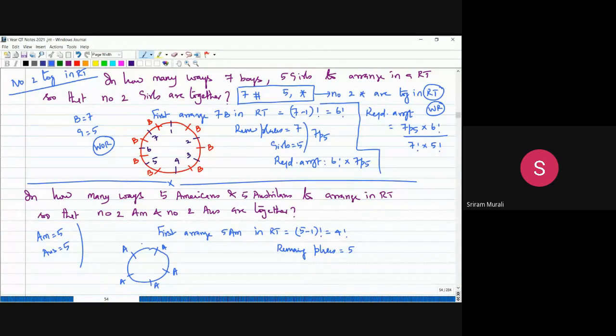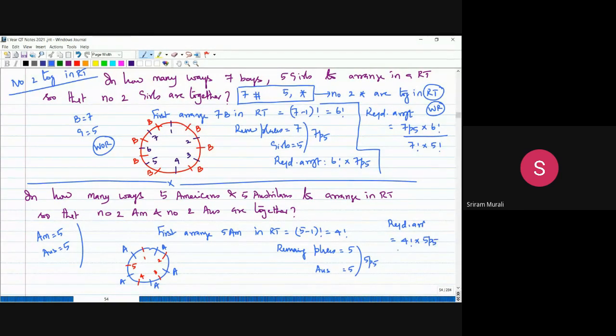How many places are left out? 1, 2, 3, 4, and then 5. So 5 places are left out. The Australians are 5, so they can be arranged in 5P5 ways. So the required arrangement will be 4 factorial into 5P5.